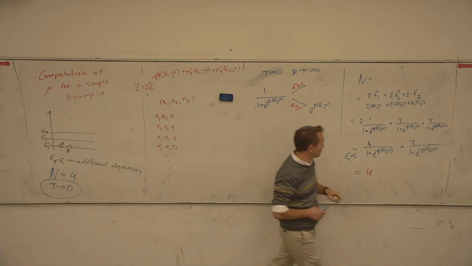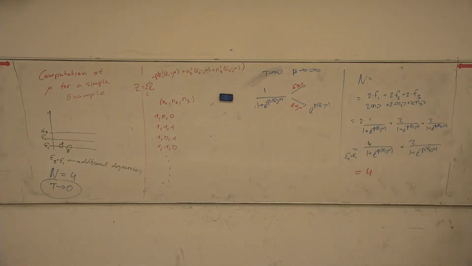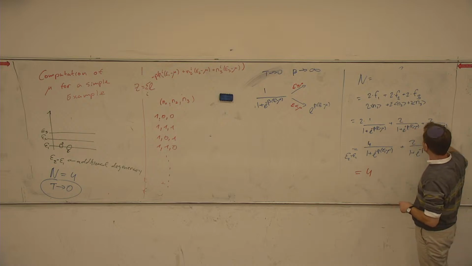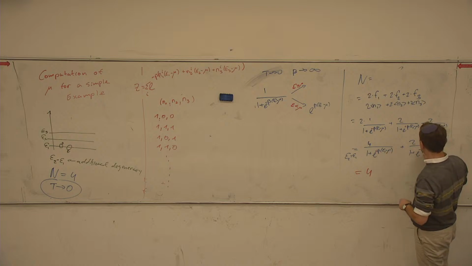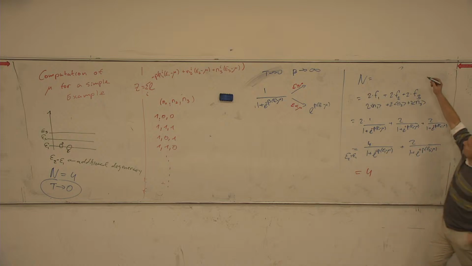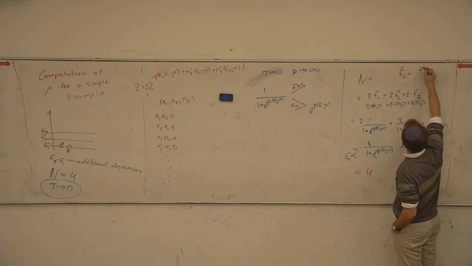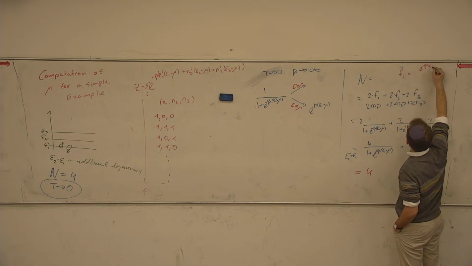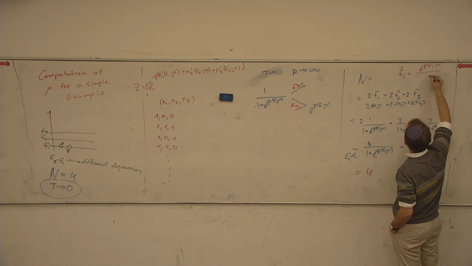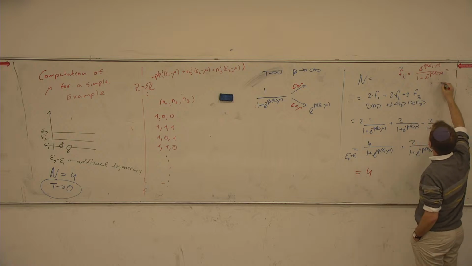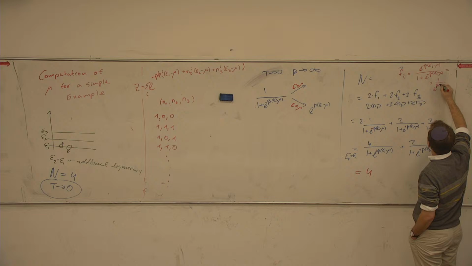By the way, Ryan, I'm sorry, I think that I made a small mistake. This is not a minus over here, this is a plus. So f_i equals e to the power minus beta (epsilon i minus mu) divided by 1 plus e to the power minus beta (epsilon i minus mu), and equals 1 over e to the power beta (epsilon i minus mu) plus 1.